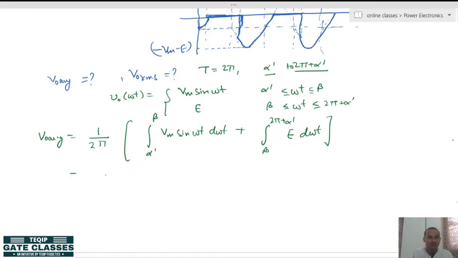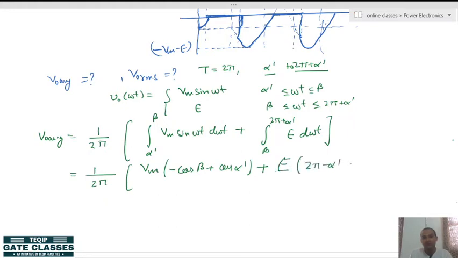Just solve it. You get Vm times minus cos omega t, and putting the limits we get minus cos beta plus cos alpha dash, plus E multiplied by 2 pi plus alpha dash minus beta. So this is my average output voltage.